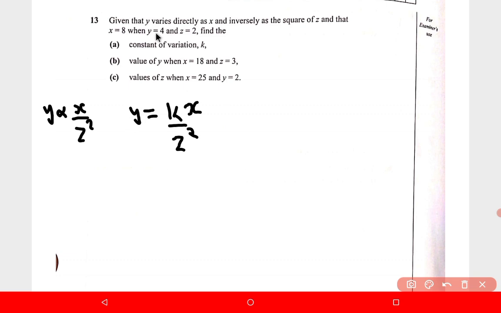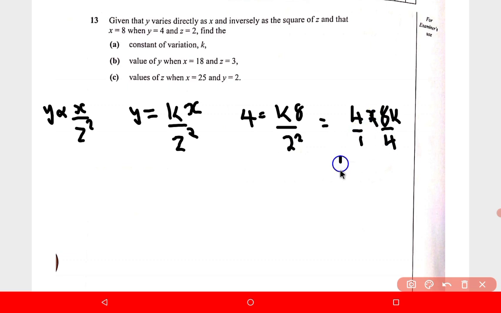So y is 4, so 4 is equal to k, x is 8, and z squared, that is 2 squared. So this is going to be 4 is equal to 8k. We always start with the number then the letter. 2 squared is 4.